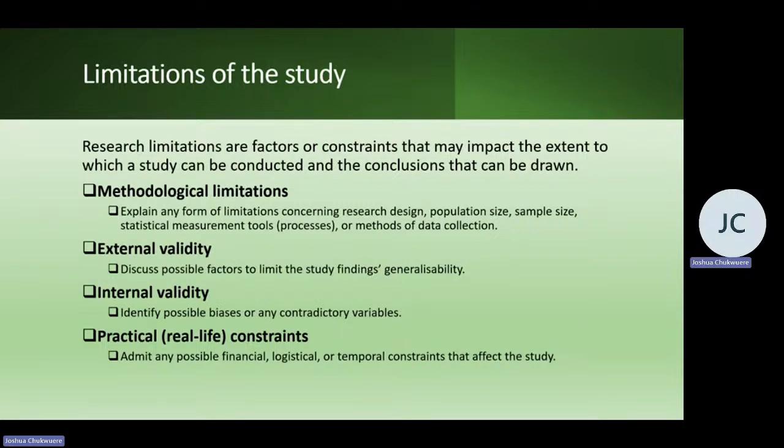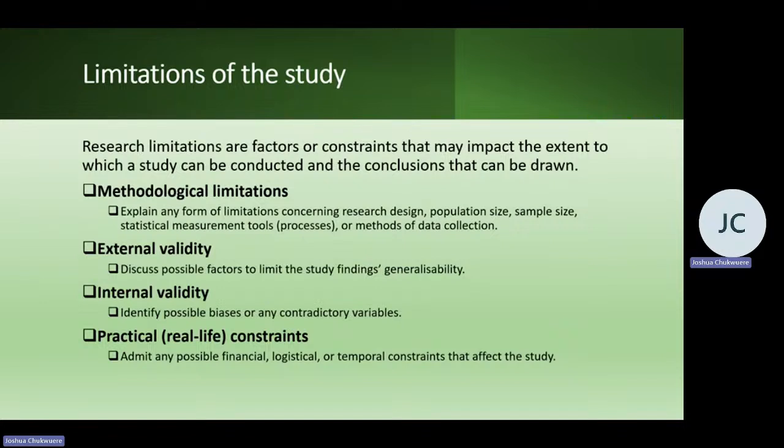And in terms of discussing possible factors to limit the studies, finding generalizability, you're able to tell the reader based on what you're going to find out or what you have found out, that your findings may not be able to apply to this section, the society or practice of knowledge, and so on and so forth. This body of knowledge is not going to be applied in that area.